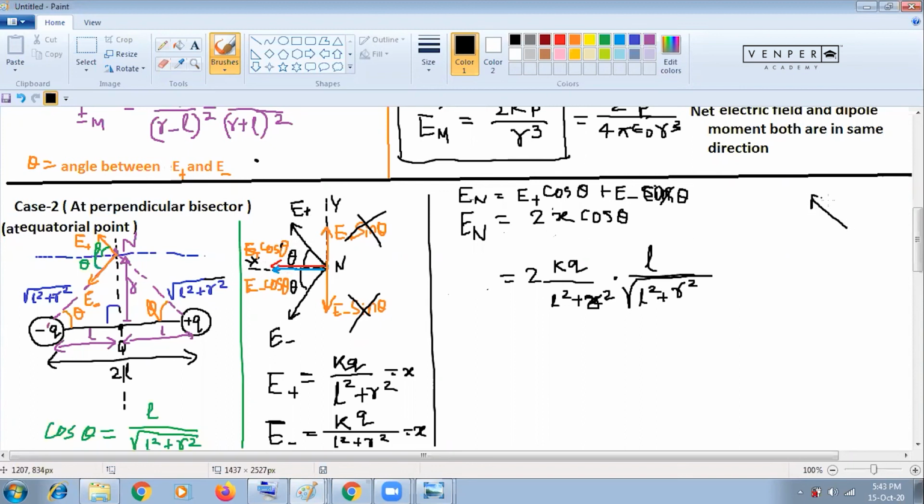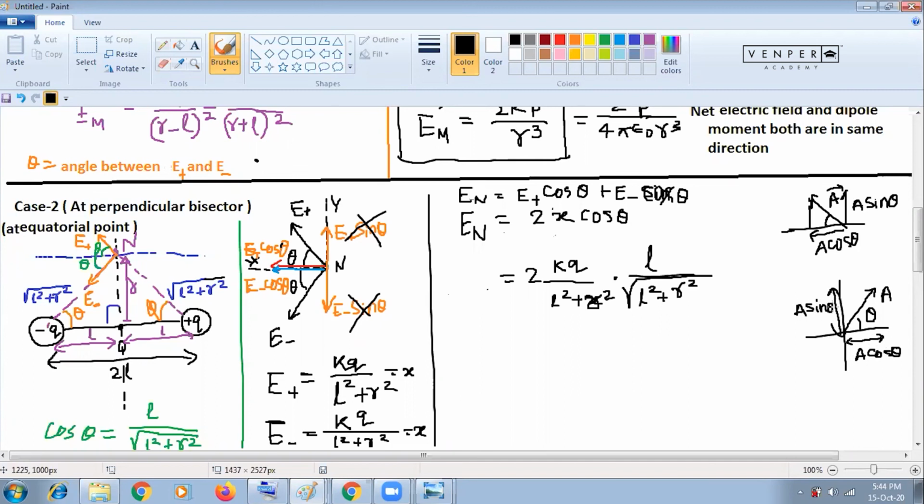If a vector is like this, and it is making angle theta with this axis, then you draw a perpendicular and take this component. So this component will come as A cos theta, and the vertical component will come as A sin theta. If a vector is like this, the same thing: making angle theta here, then in the horizontal direction a component A cos theta will come, and in the vertical direction A sin theta.